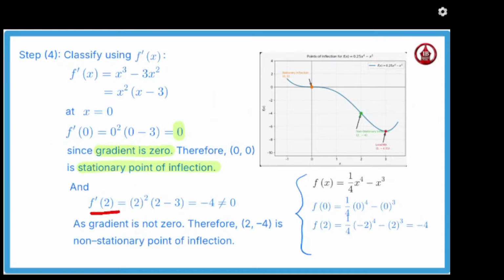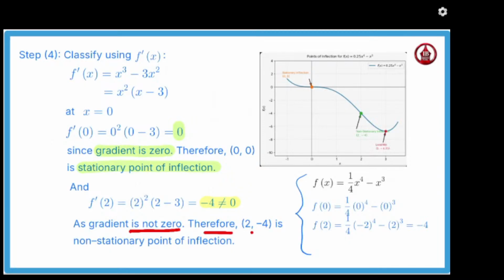Then in the first derivative, I will replace 2. When I replace 2 here and 2 here, I'm getting 2 square into 2 minus 3, which will be 4 into negative 1, negative 4, which is not equal to 0. Okay, this is not equal to 0. Please remember it, that it is not equal to 0. Okay, so when it is not equal to 0, then the gradient is not 0.